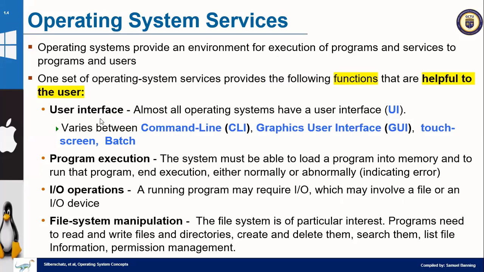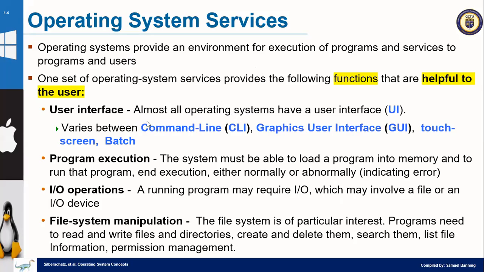You want to save a file, you click on file, save, and then a save as dialog box appears. You want to print, you click on print, and then you get a print dialog box. It is the operating system that provides the user interfaces that we see in the computer system.